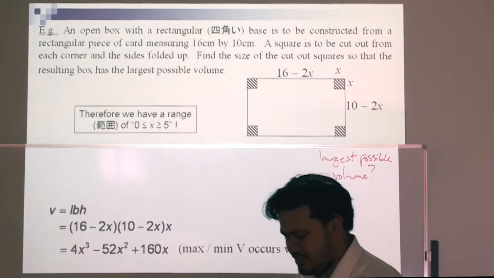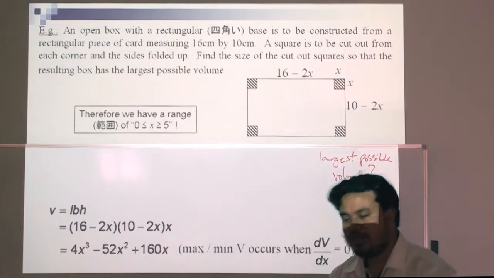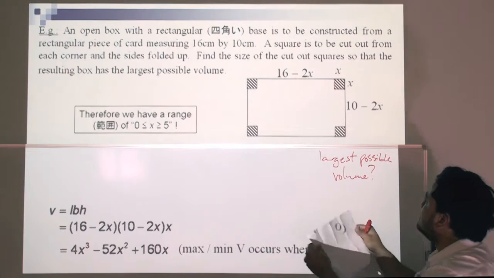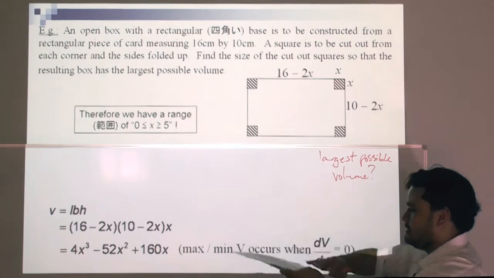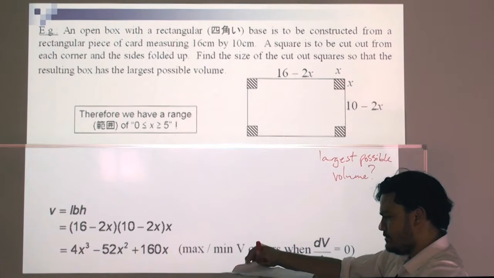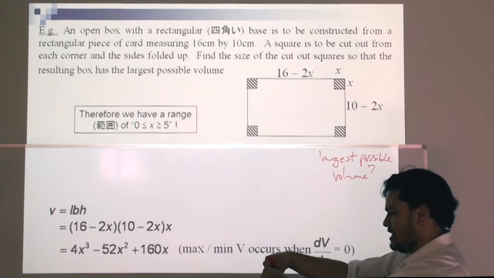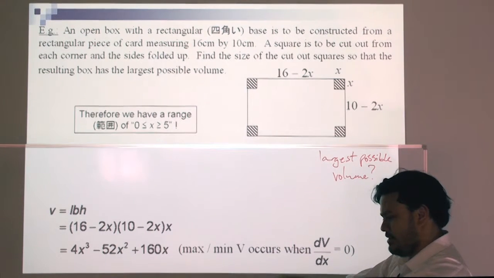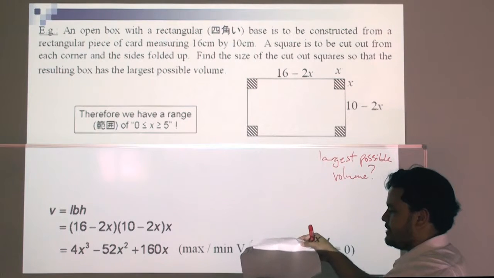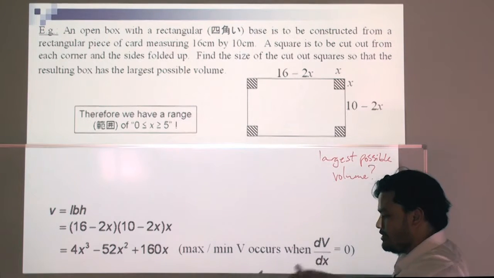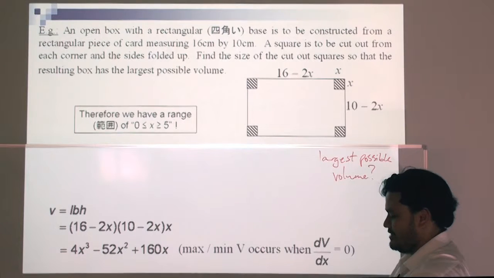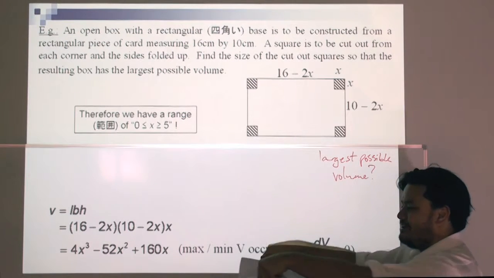Let me just give you a quick example. Imagine this is a card. It's straight. So we're going to cut each of the corners out, and then fold it. You cut out each of these sides, and then you fold it to make a box.